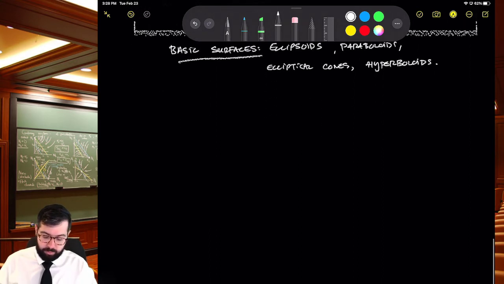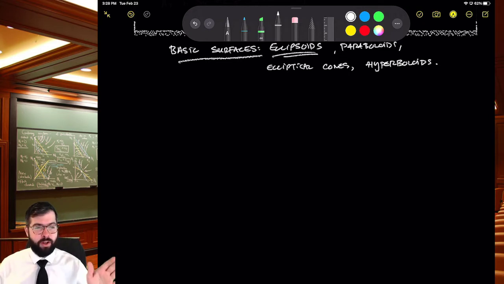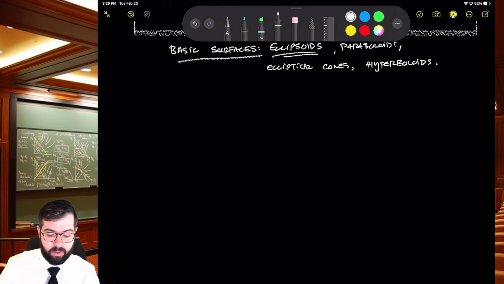So the first one up is ellipsoids. What I want to do is do the traces for one, then I'll show you the general form. Okay, so let me do that.